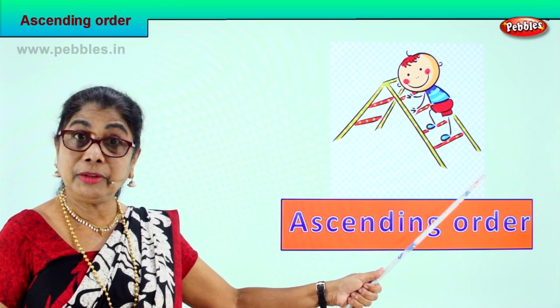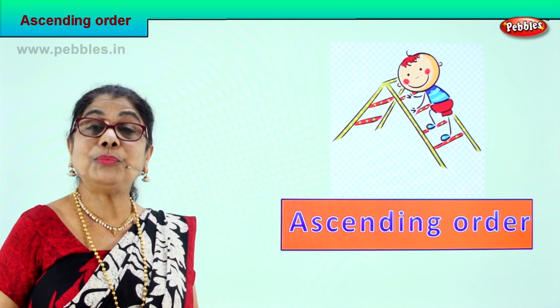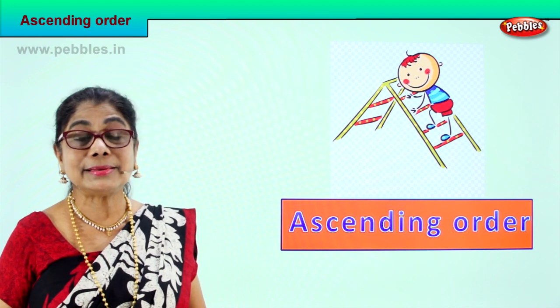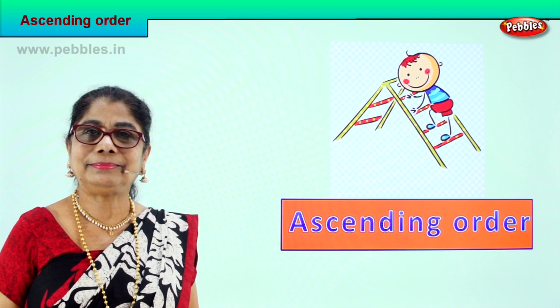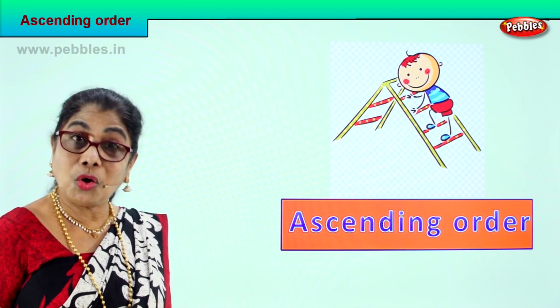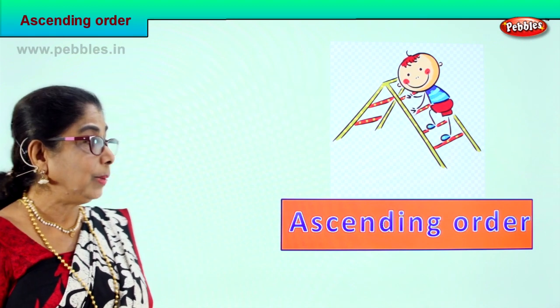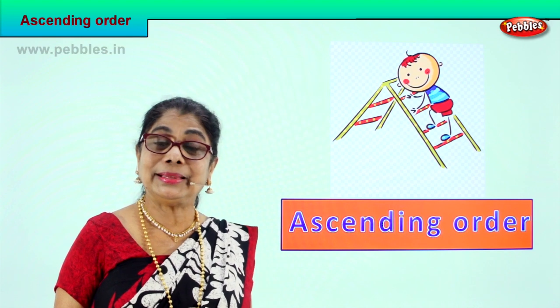From small number to the big number, it will go higher, higher. So we have to find out, looking at the tens place, which number comes or is the smallest. Looking at the tens place, which number will be the last, the biggest.